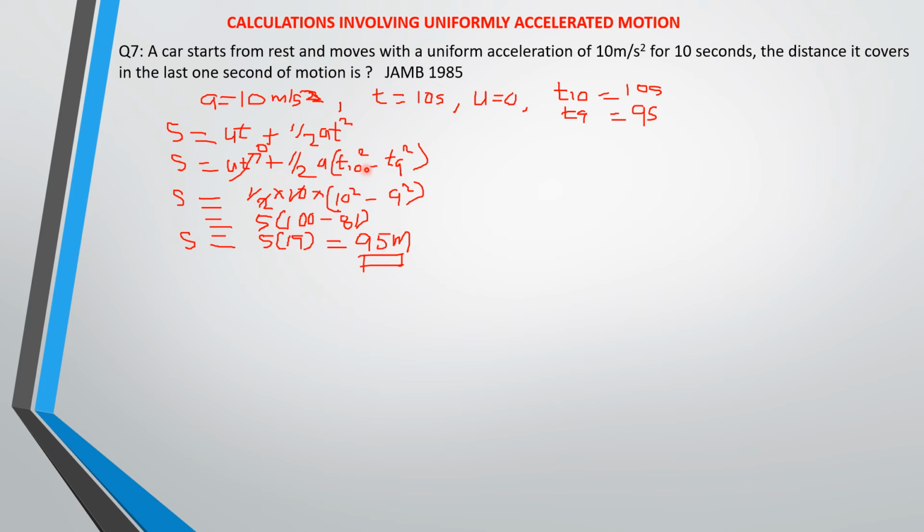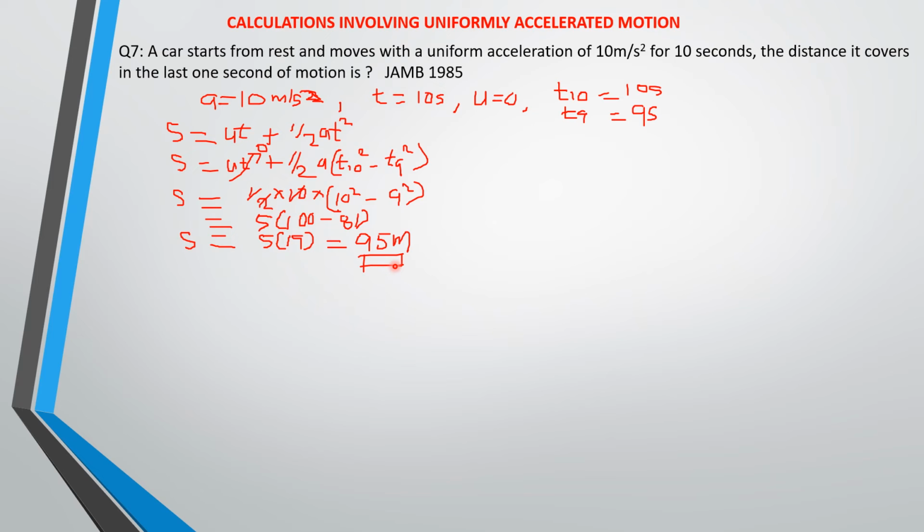You can do that, yes, and it will give you the same answer. But this is the shortest method to solve this problem, especially if you had this type of question in JAM. You should know the shortest method to solve your problems so you can arrive at your answer quickly.